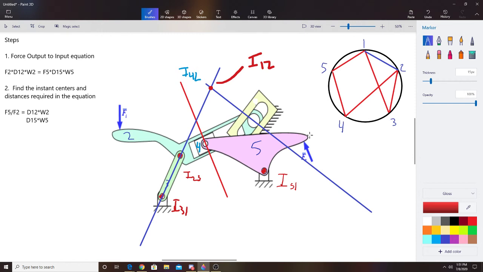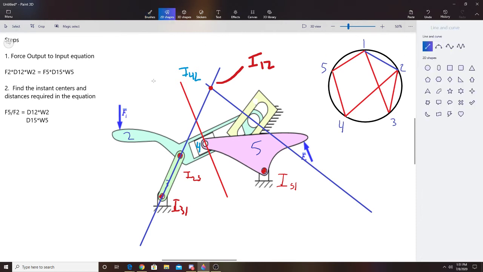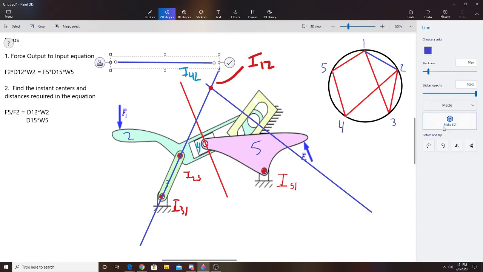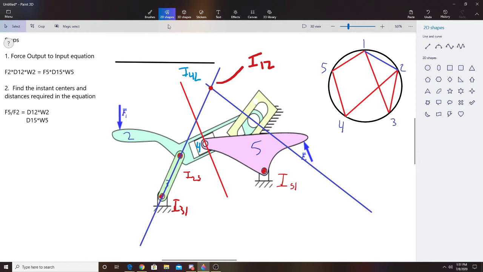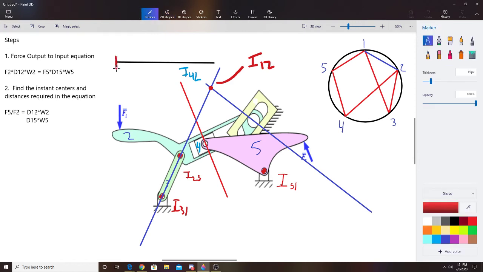All right, then we need to also find D15, but D15 is right here. So we actually know D15 off the start. I'm going to draw these out to make it a little more straightforward for you. I'll make these black. So D1, black.